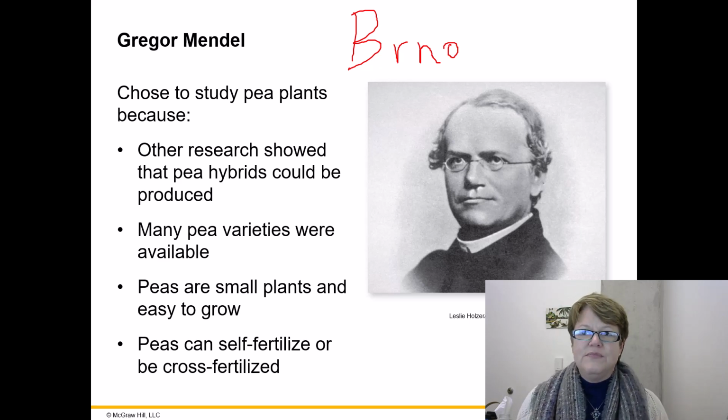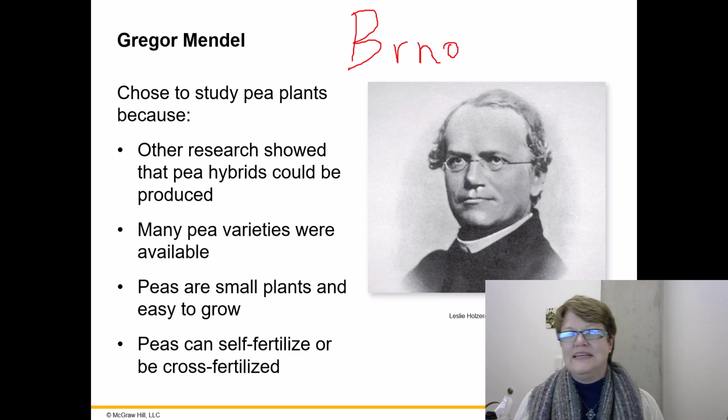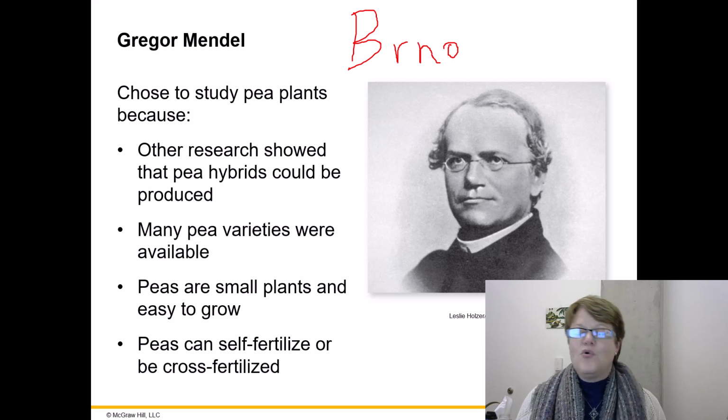He told Mendel to get rid of all of that. So Mendel had to pick something a little quieter, and he chose pea plants, and he benefited from that other research that showed that pea plants could be hybridized, meaning crossbred in a controlled way.